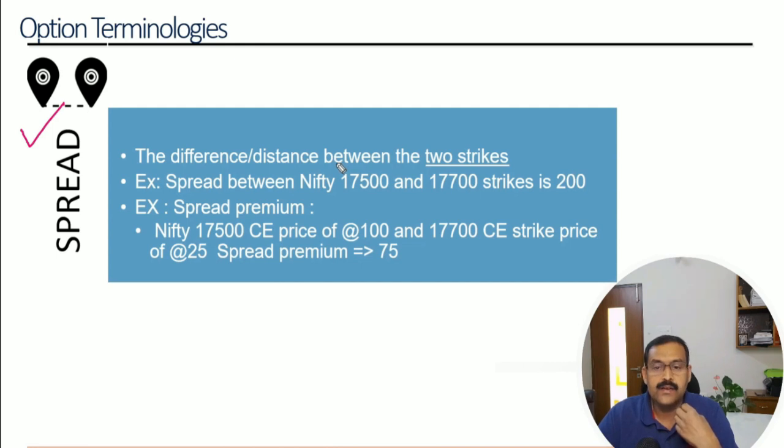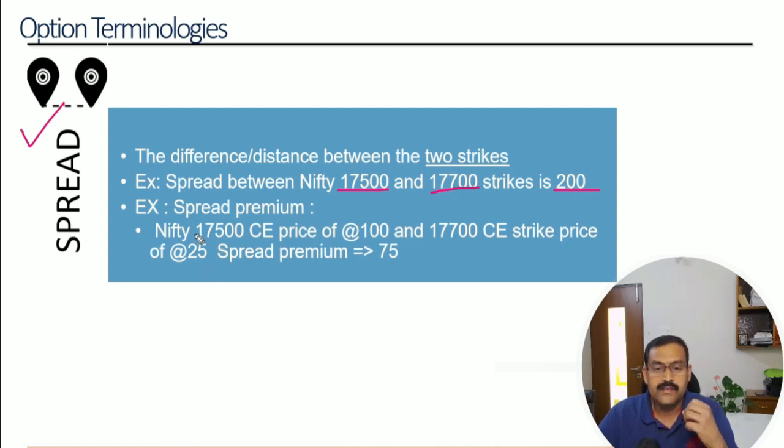The spread is nothing but the distance between two strikes. For example, if you take Nifty 17,500 and 17,700 strikes, what is the distance or the difference between these two strikes? It is 200. Next, there is something called spread premium.